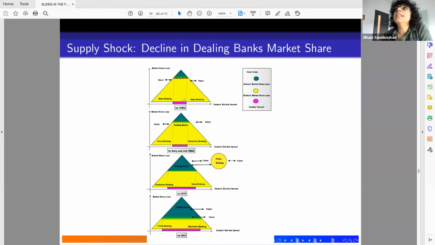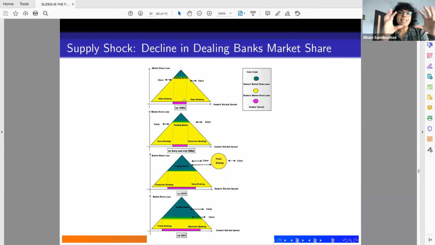So the second important supply shock, or the second important change in the market, is this decline in the share of the inter-dealer market, that blue box in the FX swap market structure that I showed previously.